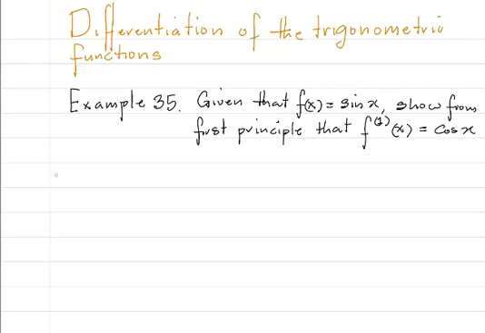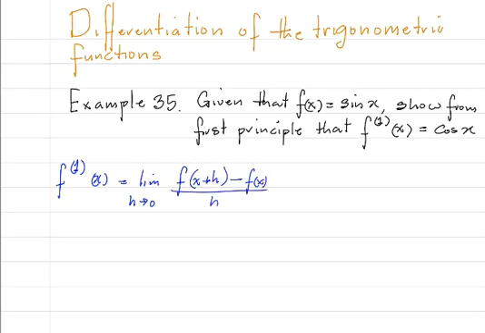All right, now from first principle, f1 of x, which is the first derivative of x, is equal to the limit as h approaches 0 of f of x plus h minus f of x, and this is over h.